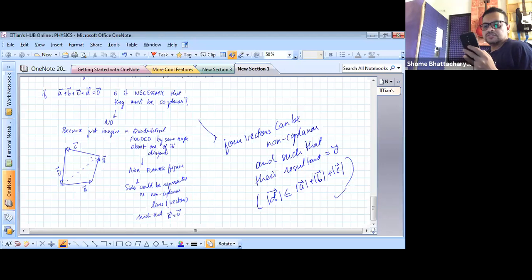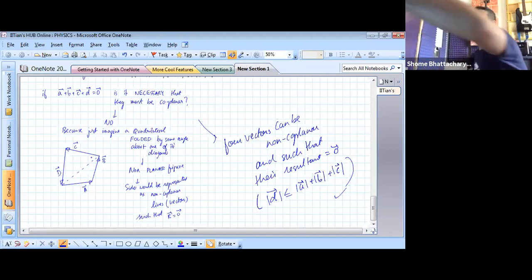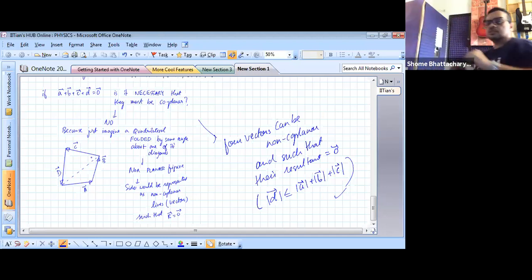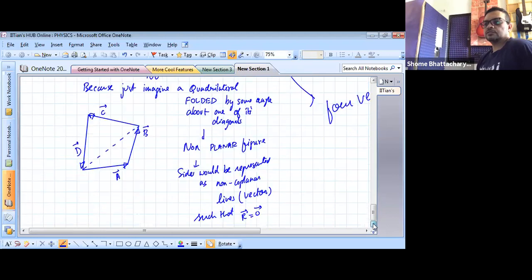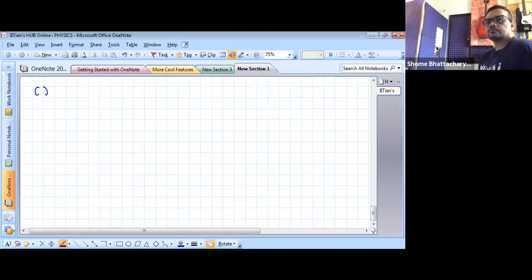Okay, now similarly, if you come to option C of question 5, you will see it is not possible, because, coming to option C, the same question, there it is given that magnitudes are 5, 10, 20 and 40.